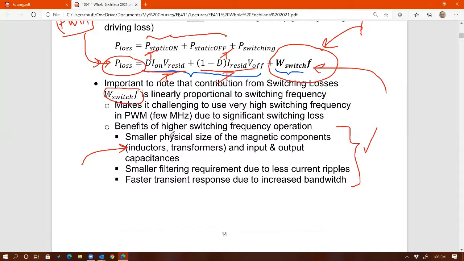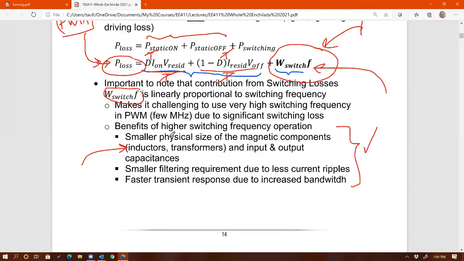And that becomes worse when you use thyristors, or not thyristors, sorry, BJTs, bipolar transistors. So that's another factor that you need to take into account when it comes to selecting the switching frequency and the devices that you use.